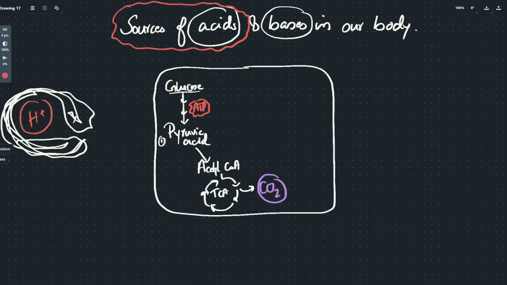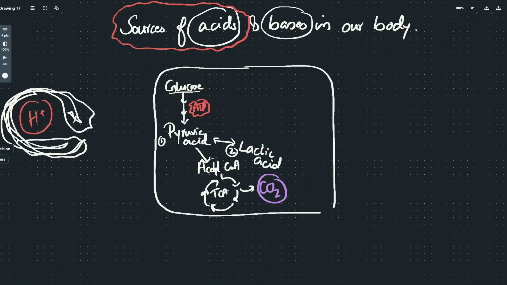If lots of energy is required, this pathway is overwhelmed. So this pyruvic acid may then be converted into lactic acid, which is another acid. So lactic acid and pyruvic acid, two acids we have discussed here.